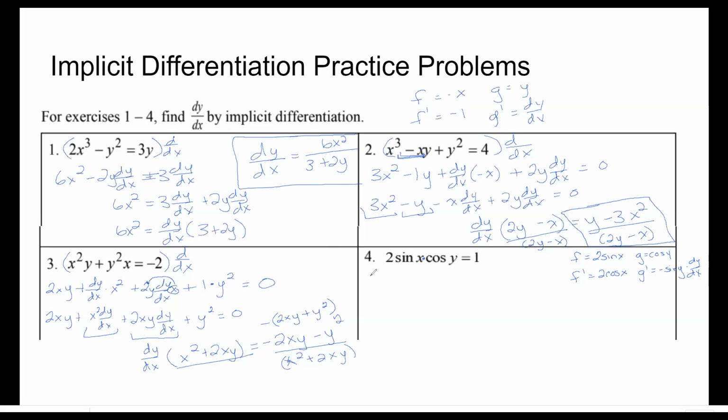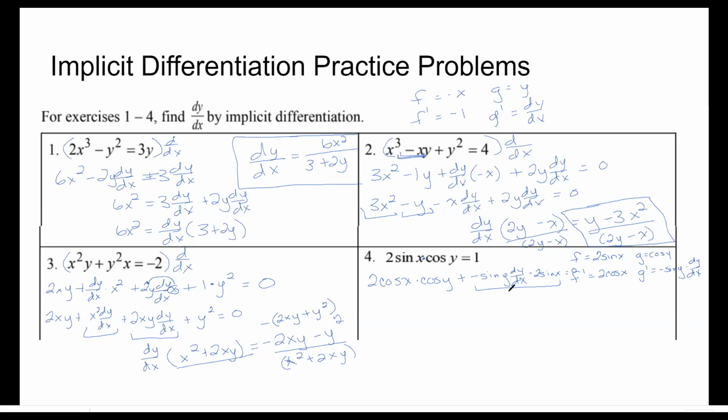So I have f prime, which is 2 cosine of x times cosine of y, plus g prime, which is a negative sine of y dy dx, times 2 sine of x, equal to 0.